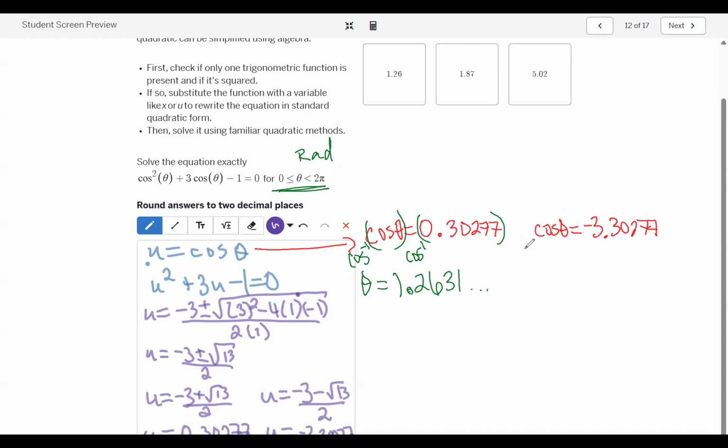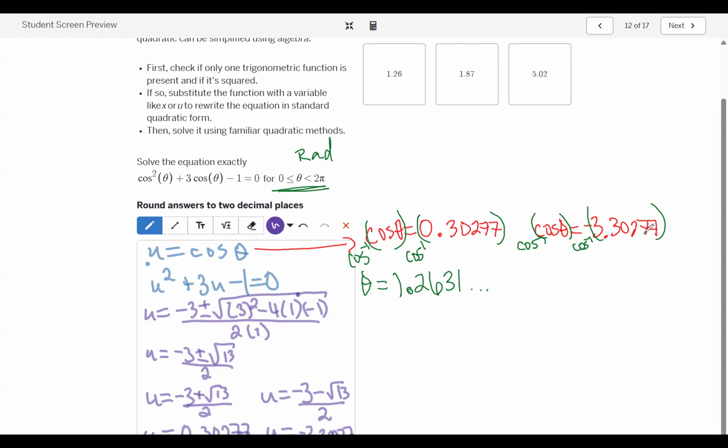Now, when I try to do the same thing over here, can I have a cosine of -3? Can I have a cosine that big? Think about the graph of cosine. What's the highest cosine gets? 1. And the lowest is -1. So do we ever get all the way down to -3?